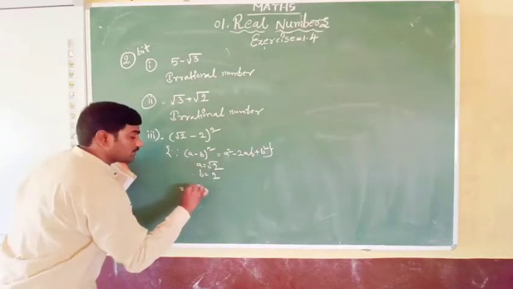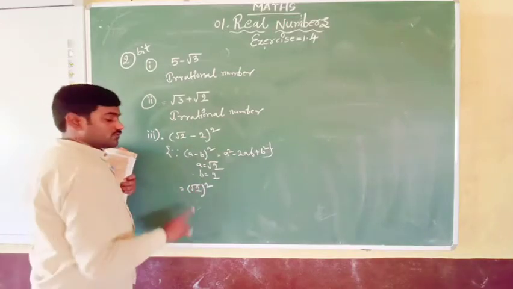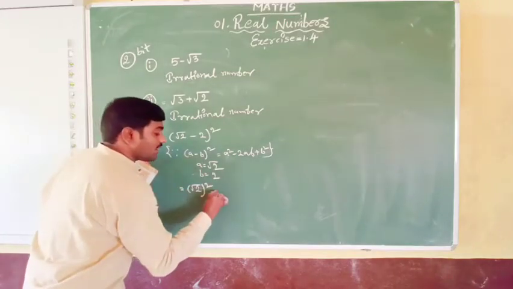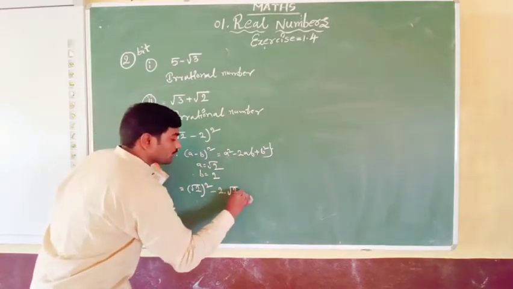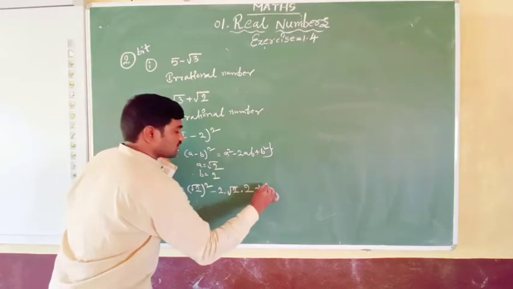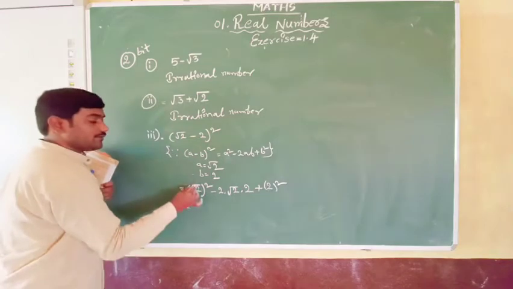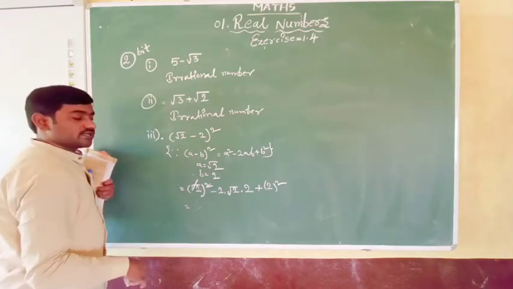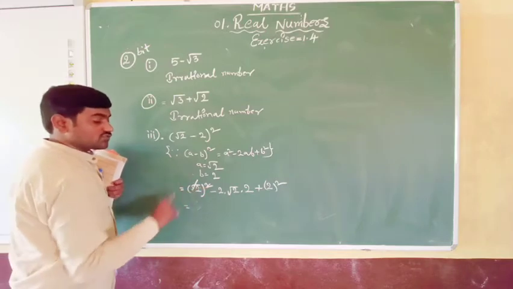A square, that is root 2 square, minus 2 into A, that is root 2, into B, it is 2, plus B square, that is 2 square. So here square and square root get cancelled.